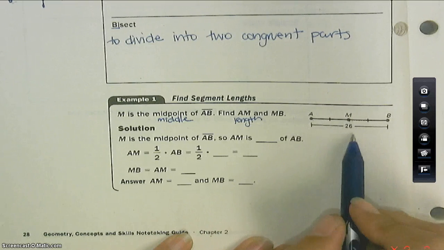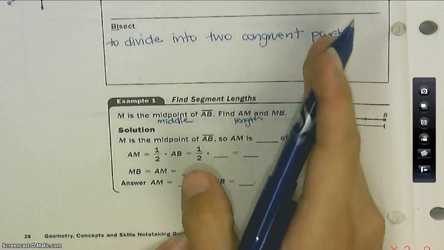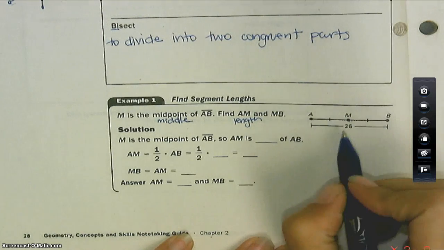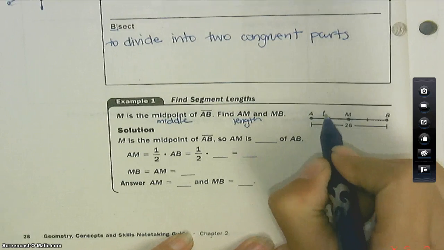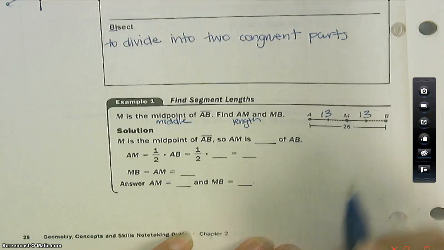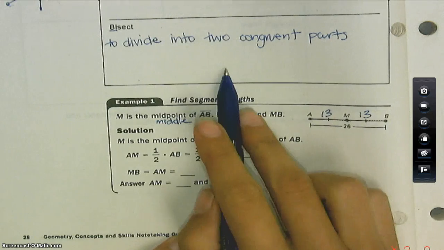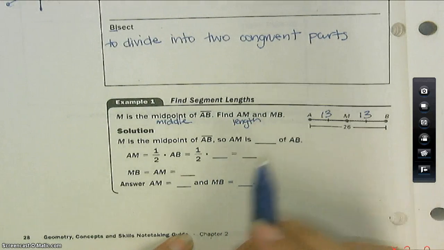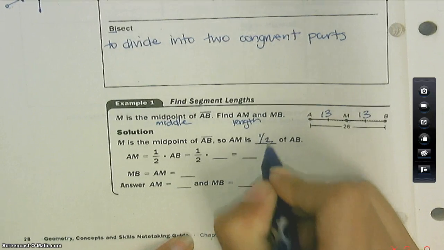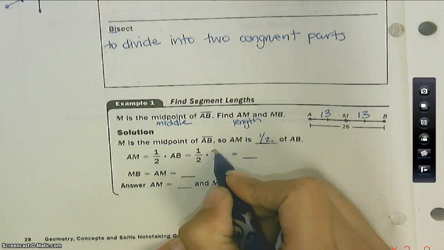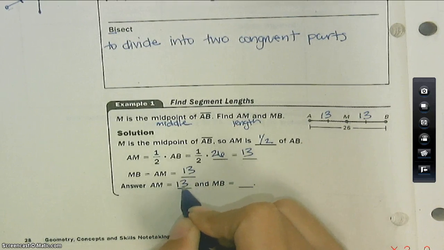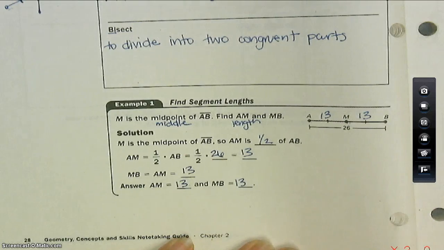It's cutting 26 right in half. So 26 right in half is 13. So this side is 13, and this side is 13 because it's two congruent parts. AM is half of the total, which we said, half of 26 is 13. AM equals 13, and MB equals 13.